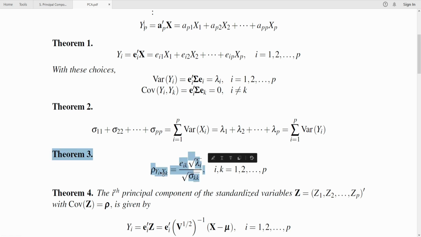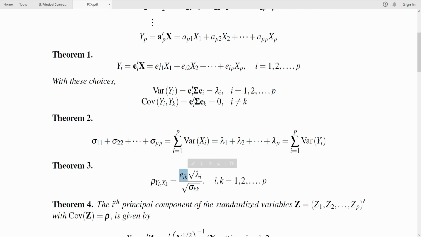Before we go to the following theorem, where we have the correlation coefficient between our principal components and our variables, let's see what this number represents. So this is from here. What we can see here is that this number somehow measures the impact of this variable on this principal component.